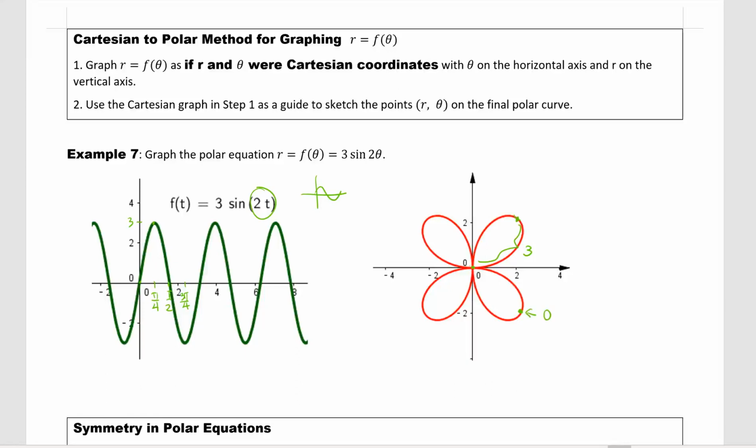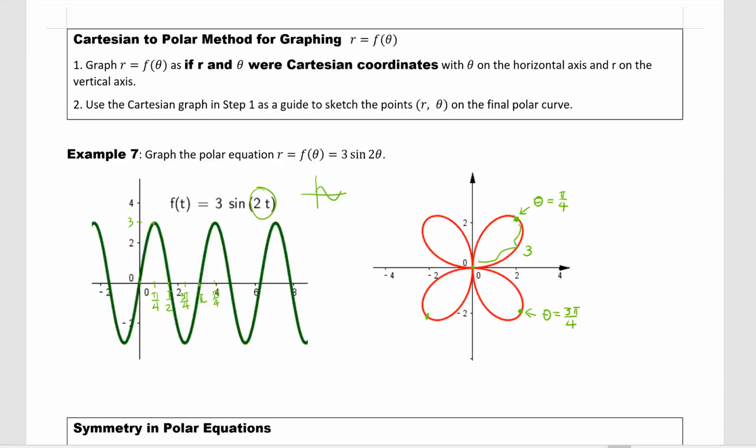So this will correspond to theta equals 3 pi over 4. This one corresponds to theta is pi over 4. And then when it's pi, we get 0. And then here, 5 pi over 4, we get 3. So it's this point.